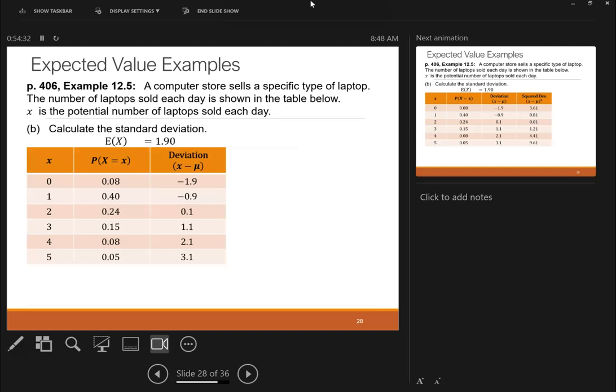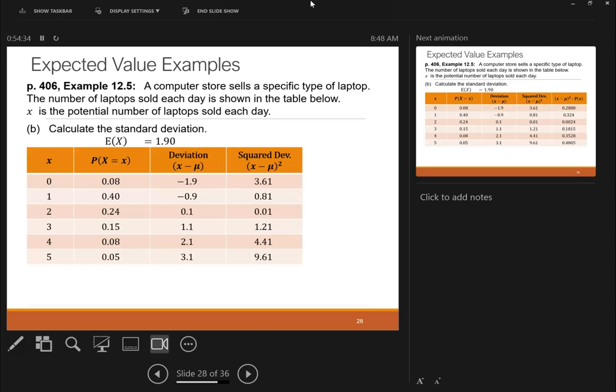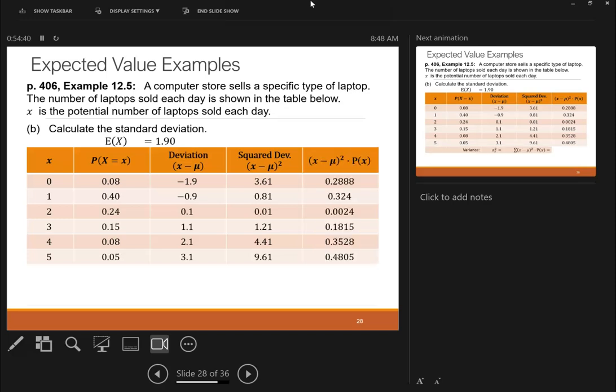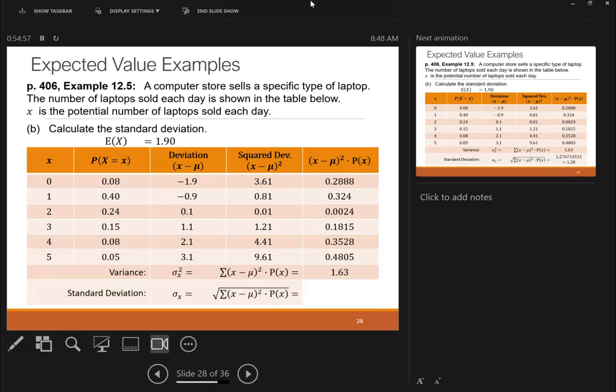Square those differences, and then multiply that by the probability. That gives me these 5 partial variances. I add them all up to get the actual variance, and then I square root that number to get the standard deviation.